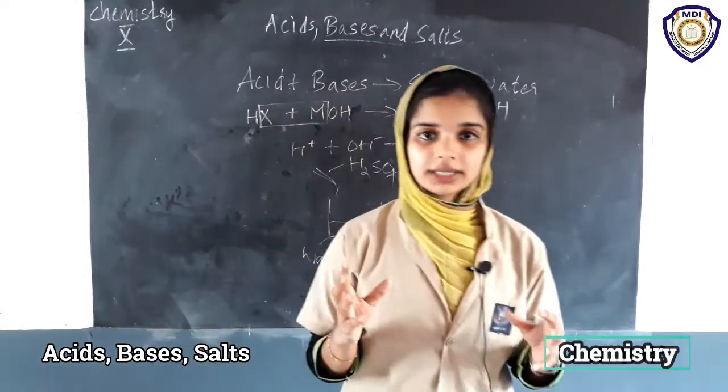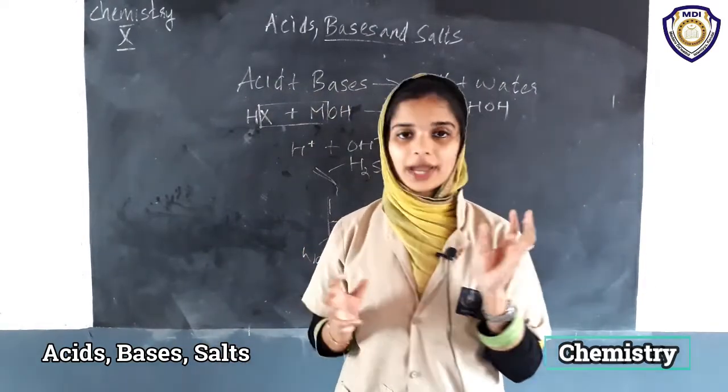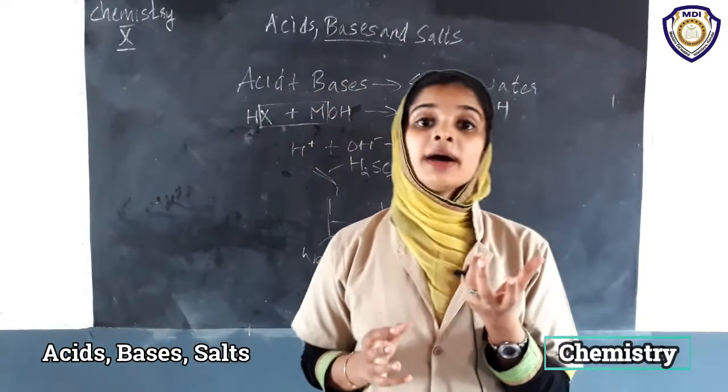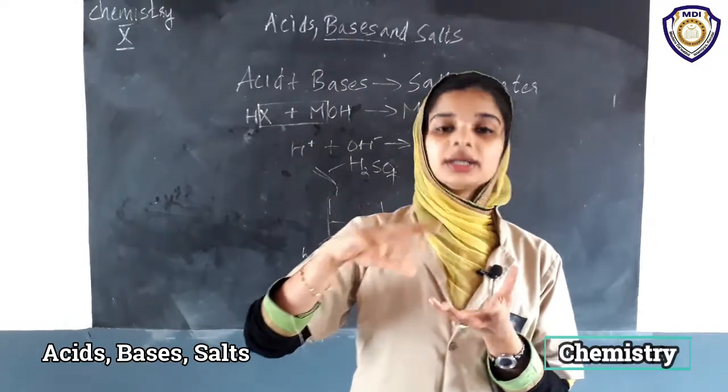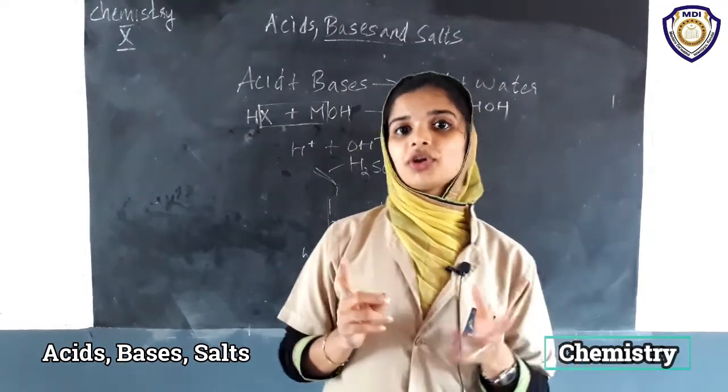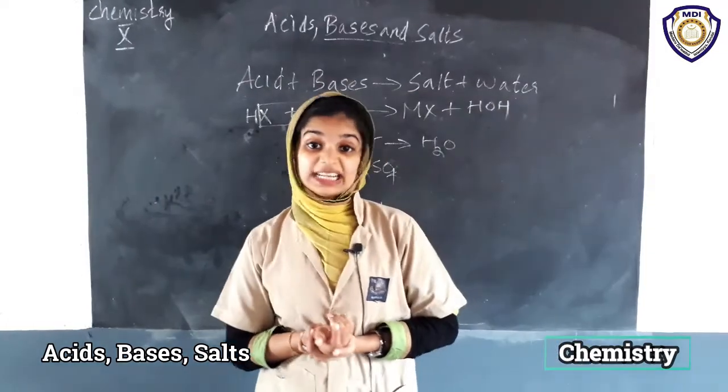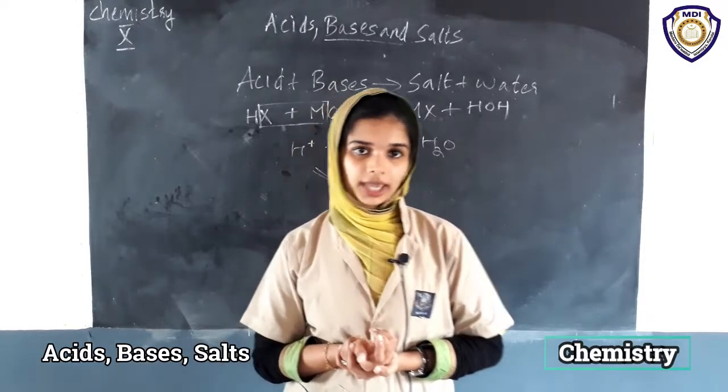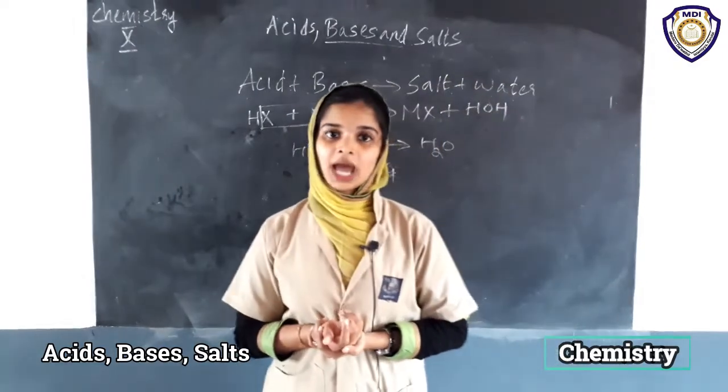Before adding the water, there are some H plus ions per volume, but when we add the water, the concentration of H plus ions per volume decreases. Or it is also like that in bases.